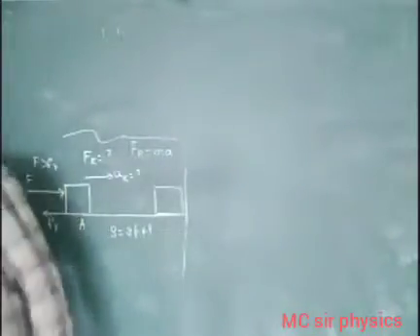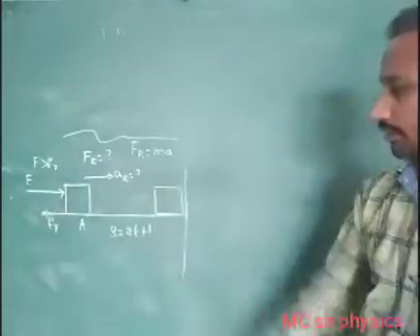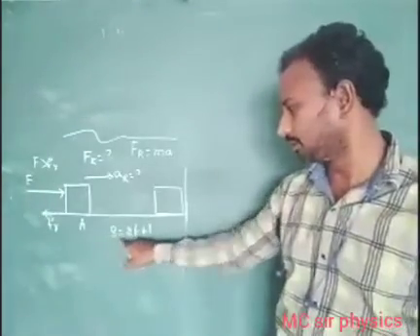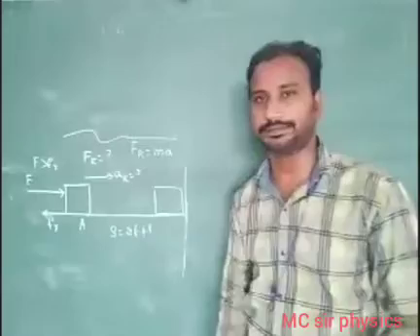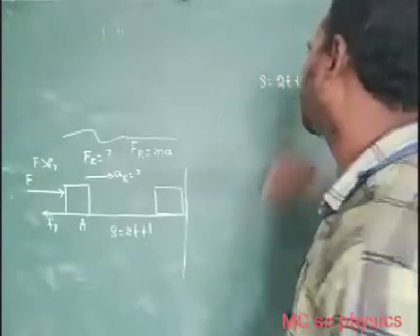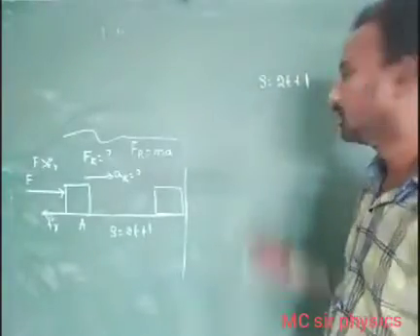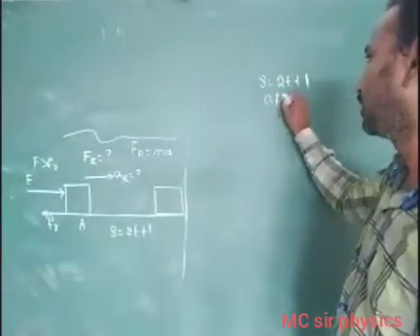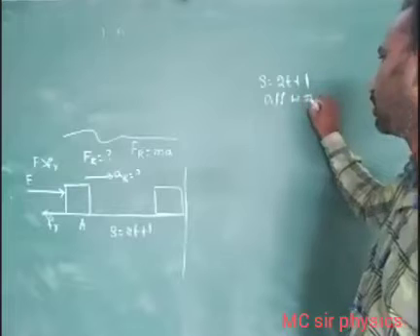But here, in the second condition also, they gave one variable equation, displacement s equal to 2t plus 1. Find out the velocity. So we have to differentiate with respect to time.